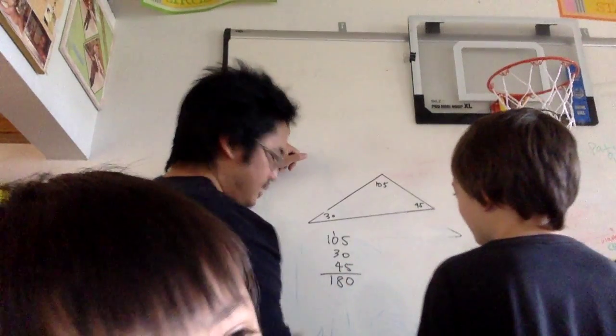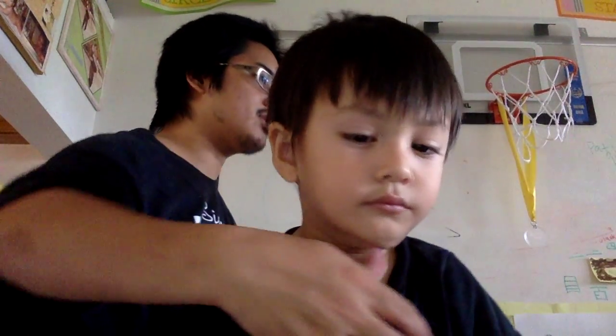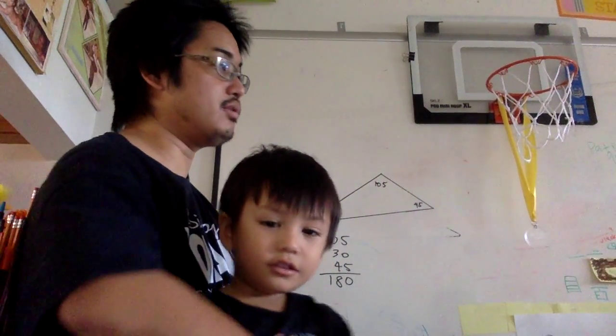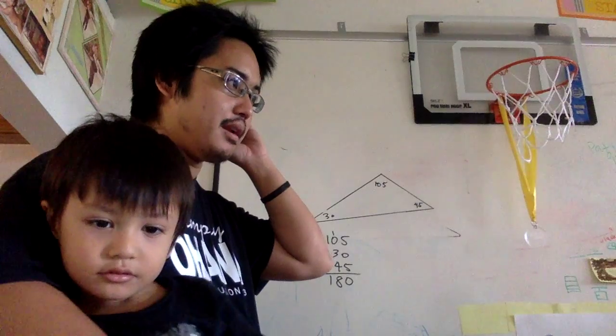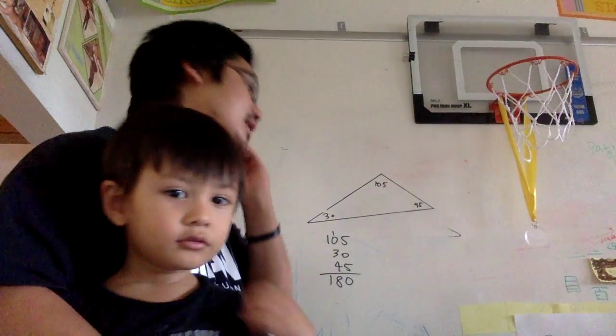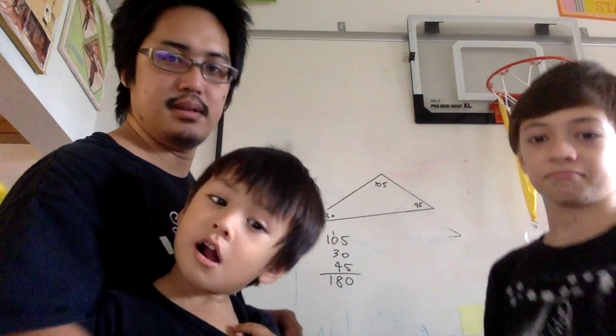And then a 1. 180 degrees. So, any triangle, whether it's an obtuse triangle, an acute triangle, and later on you're going to learn about an isosceles triangle or a right triangle or an equilateral triangle, all of those triangles, if you add up all of the angles on the inside, it's going to equal 180.